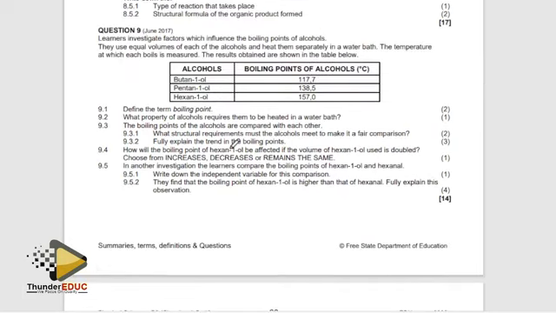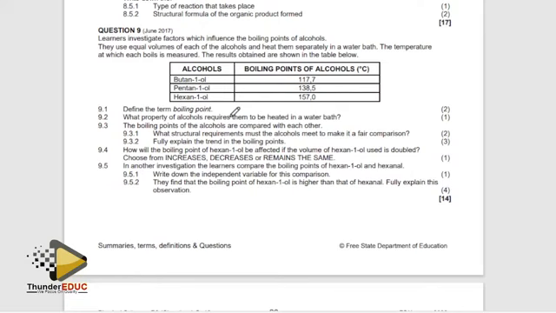Remember that it's the temperature at which the vapor pressure of the liquid is equal to the atmospheric pressure. That's the point, because they're saying boiling point. They're not asking you what is boiling.